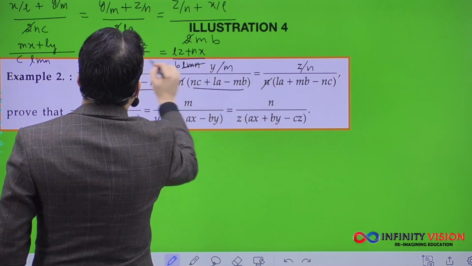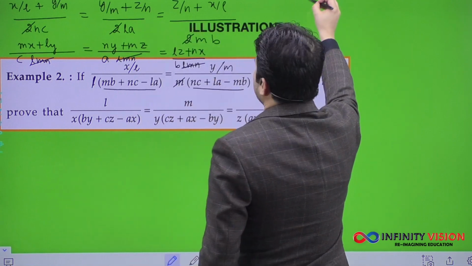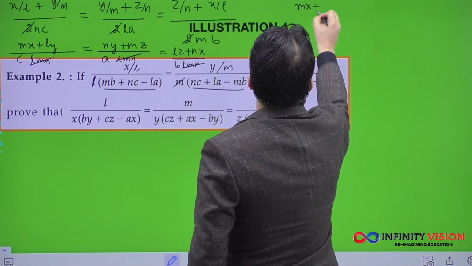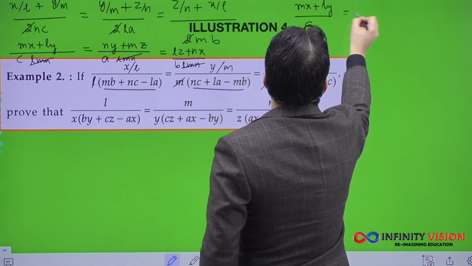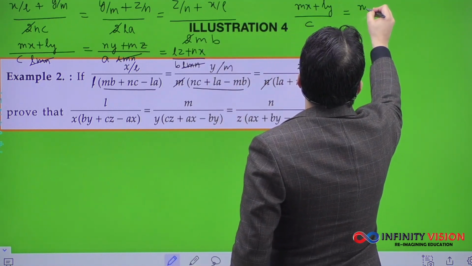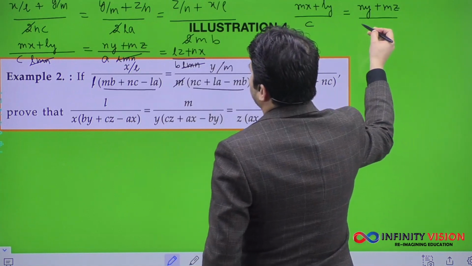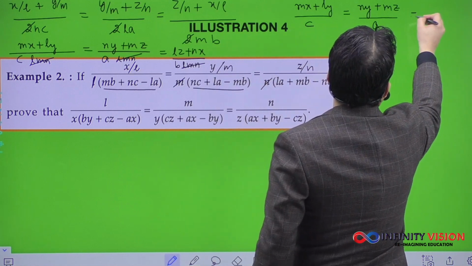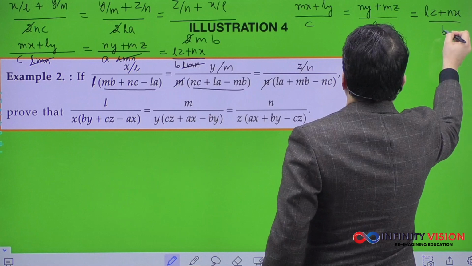Now lmn can be cancelled out, and we can simply write the first ratio as (mx plus ly) upon c, (ny plus mz) upon a, and (lz plus nx) upon b.